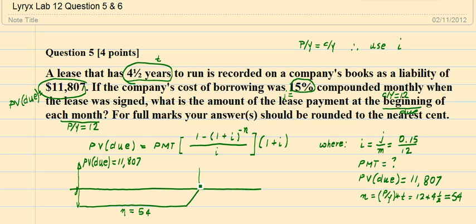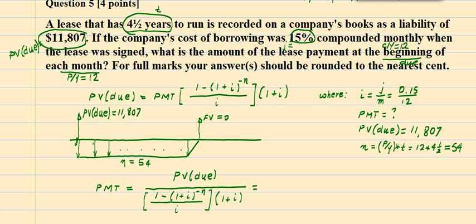Future value, once they finish paying, is going to be equal to 0, and those payments are at the beginning of every payment interval, and there are 54 payments. The last payment is at the beginning of the 54th payment interval. Now we just have to solve for payment.